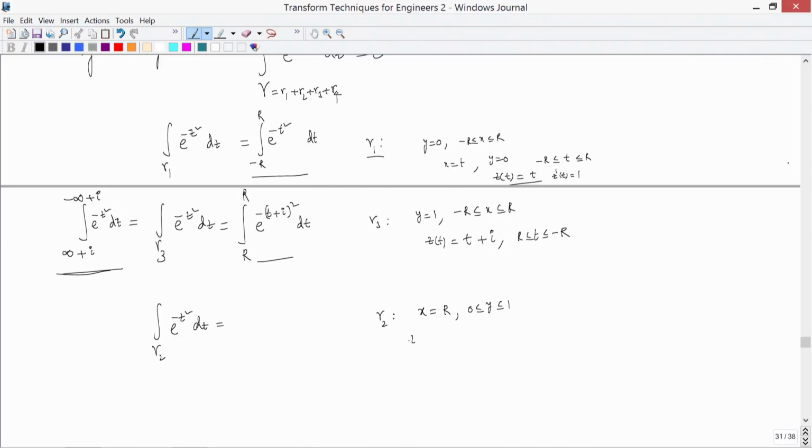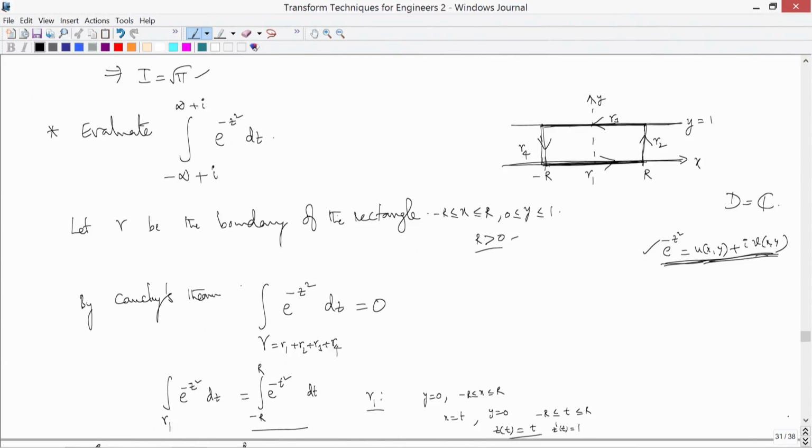So, how do you represent this? z of t, r is fixed, x is fixed. So, r plus I t, t is between 0 to 1. So, your integral will be z dash of t dt, which is simply I times dt. So, you have I dt, t is running from 0 to 1 because you are going from this to this.